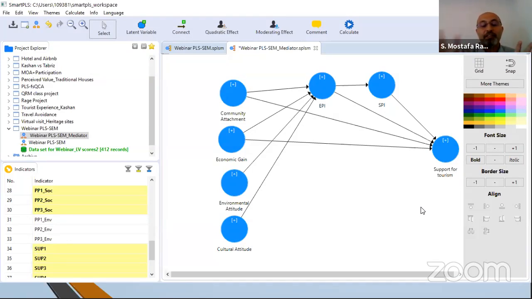When we say effect, it refers to a causal relationship, but it's not certain. In many studies they also use relationship for the effect of IV on DV, or some studies use effect. So you can find these different words used interchangeably in different studies.